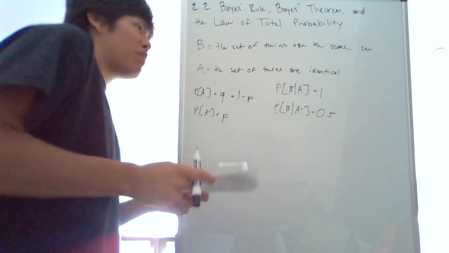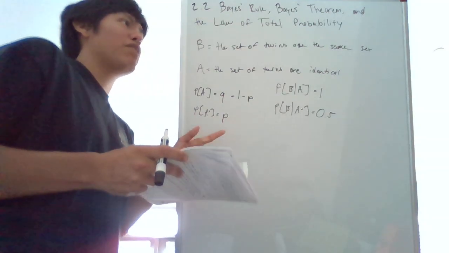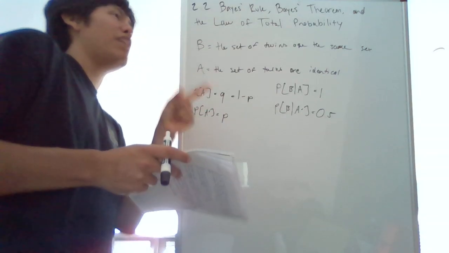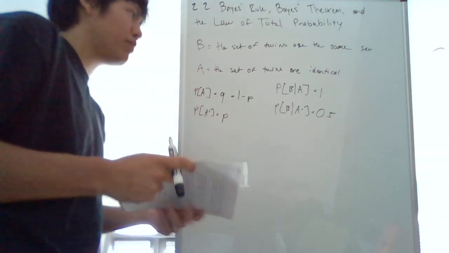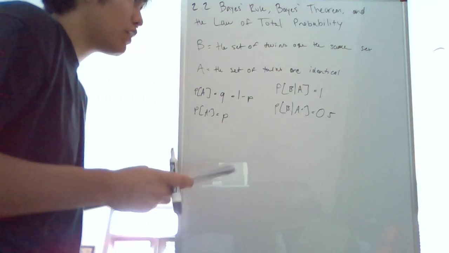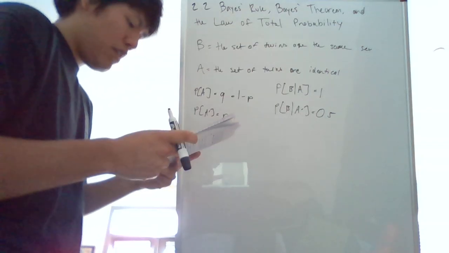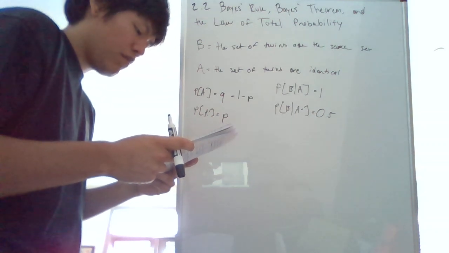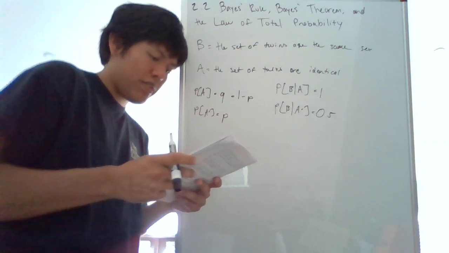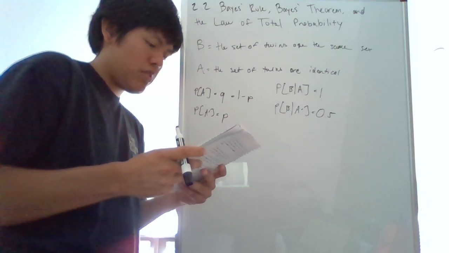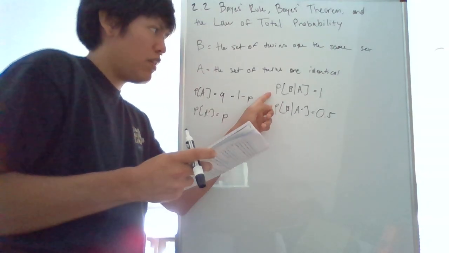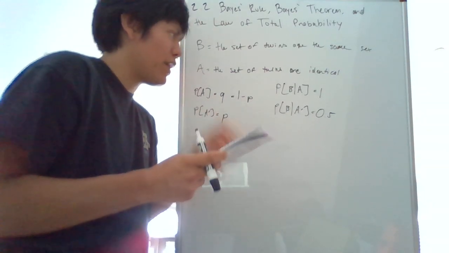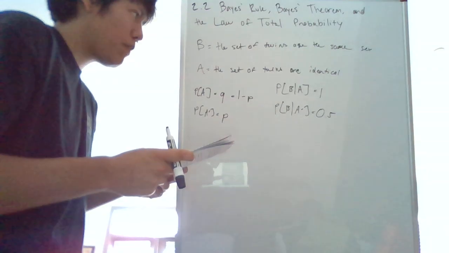Well, remember that that's just the probability of B given A times the probability of A. And that would be the probability of B given A times A, which is Q.